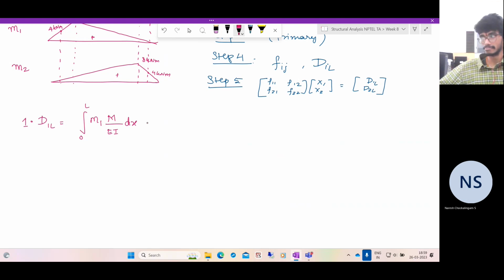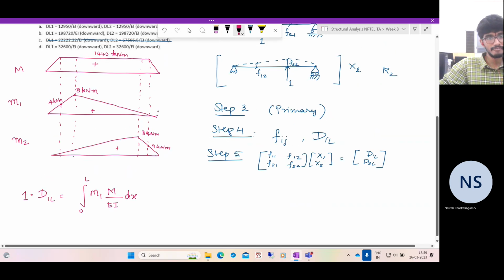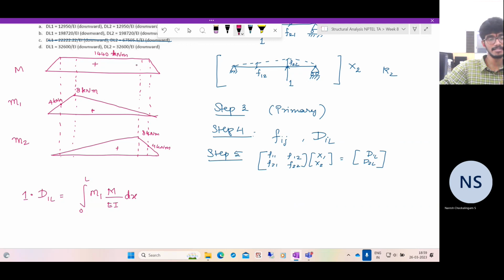So how do we do it? We need to split it because the slope is discontinuous. The function has different definitions in different segments. We need to split the integral into many parts. So this is 6 meters. This is 12 meters.